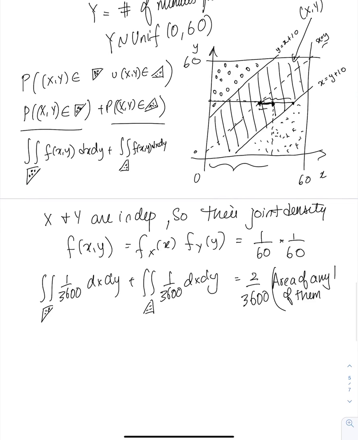What's the area of any one? Well, you know that's 10, so this is 50. And so you have 2 over 3600, 1/2 base into height.